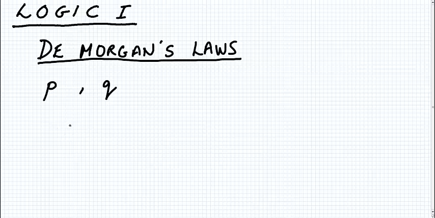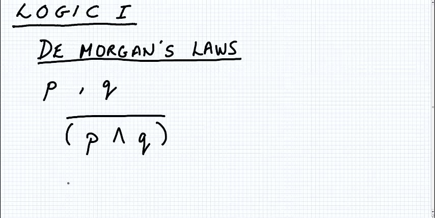We have P and Q, and then I'm going to take the negation of all of that. Okay, and the next expression I want to look at is the negation of P or the negation of Q.